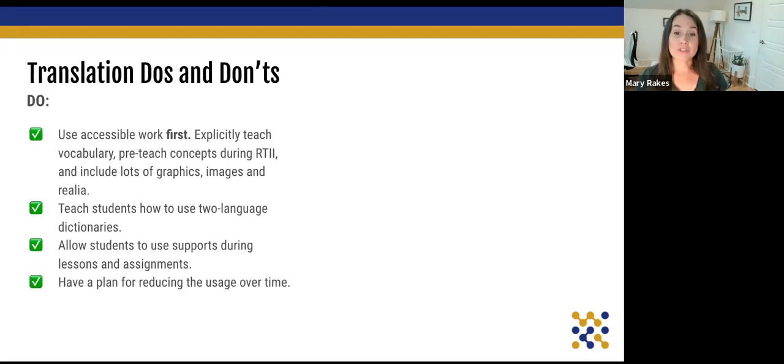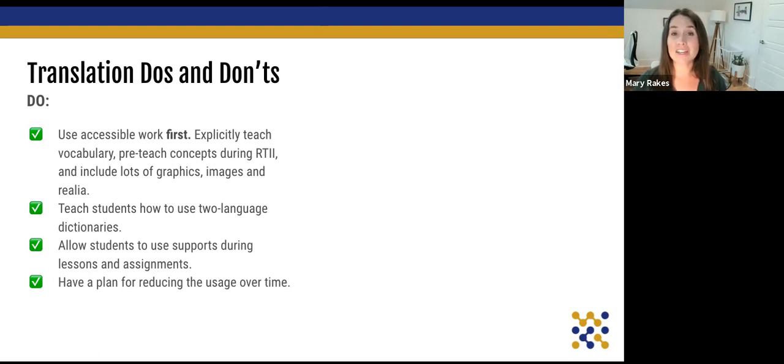We want to have a plan for reducing the usage over time of translations and translation materials, especially technological supports. We want to think about how long is appropriate for this student, and that's going to really vary student by student and classroom by classroom. A lot of it's going to depend on what background knowledge a student has in the language and in the content area.